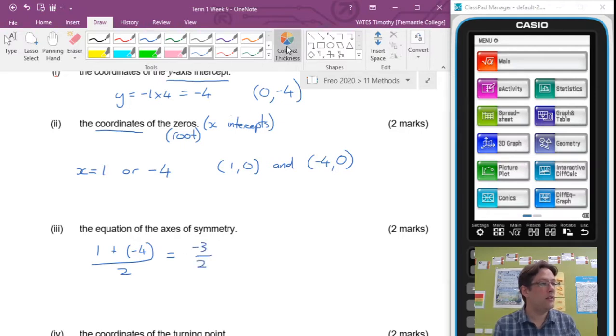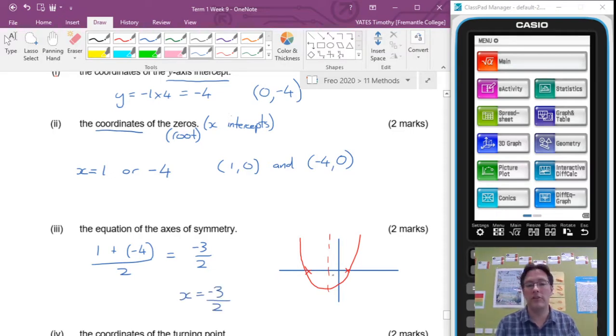And it's often good to draw a little diagram here. We've got our x-intercepts of 1 and negative 4. Remember that this is a symmetrical parabola. We expect it to go roughly through that point. So this is the equation x equals negative 3 on 2. And that looks about right based on what we've got there.